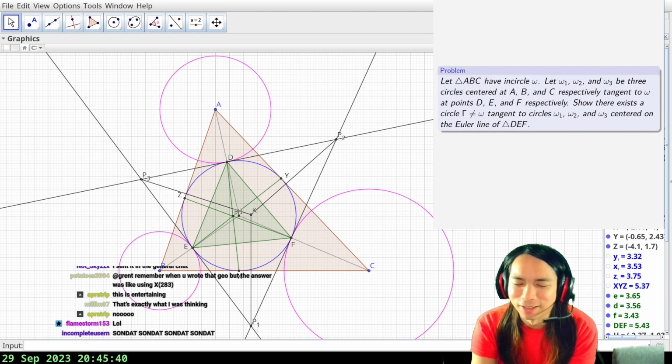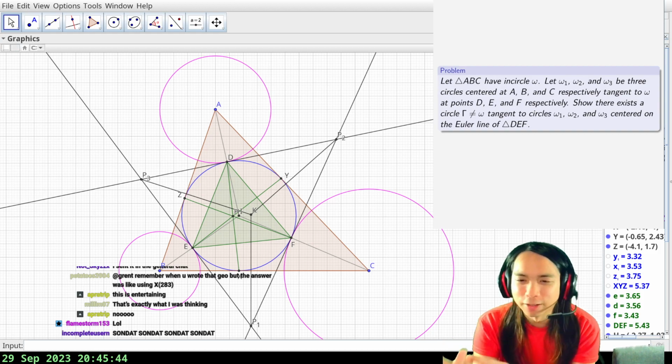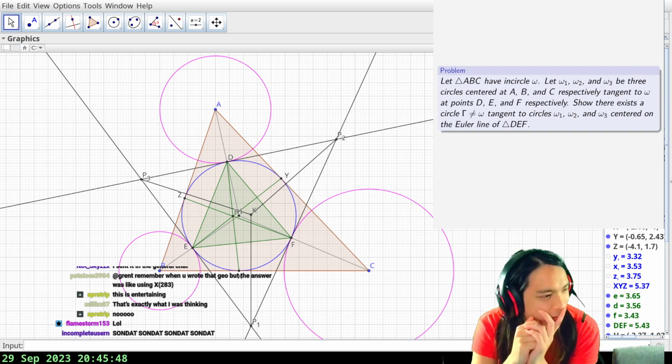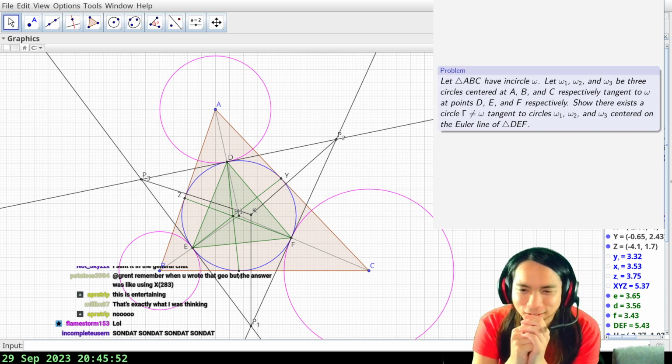So anyways, I know there is a point K because the triangles are orthologic. The question is why does it lie on line HI?